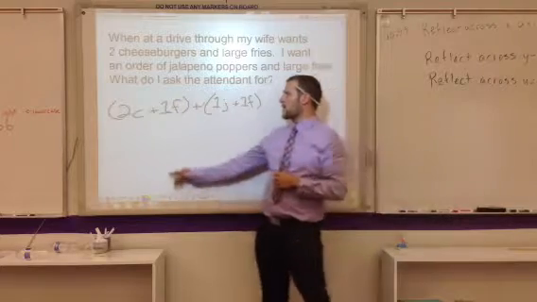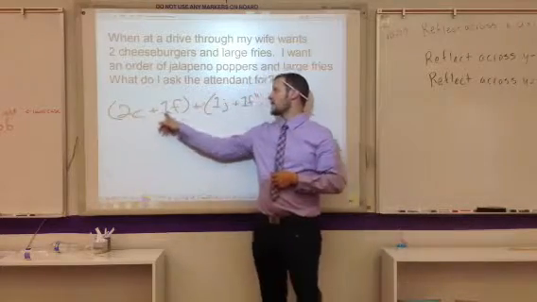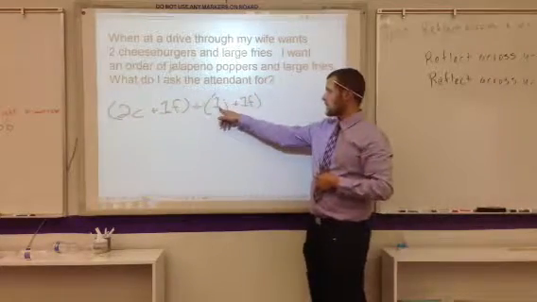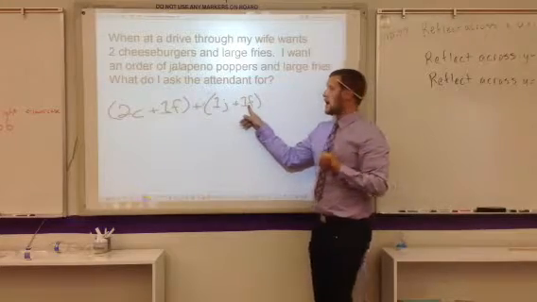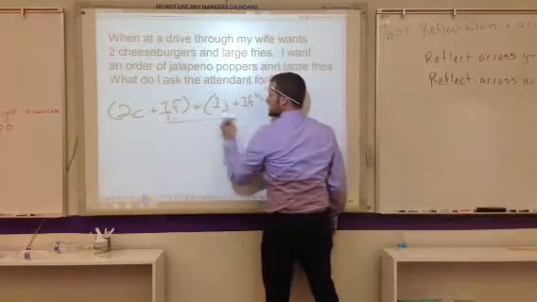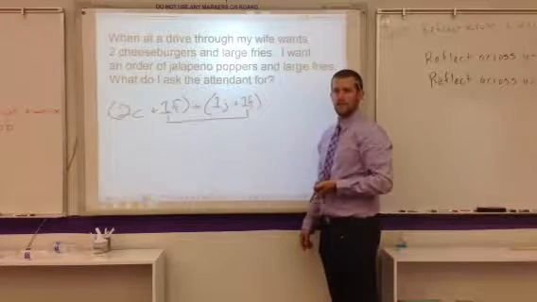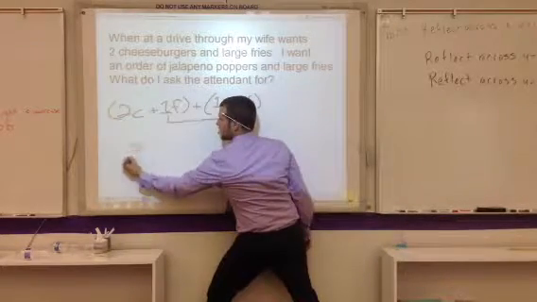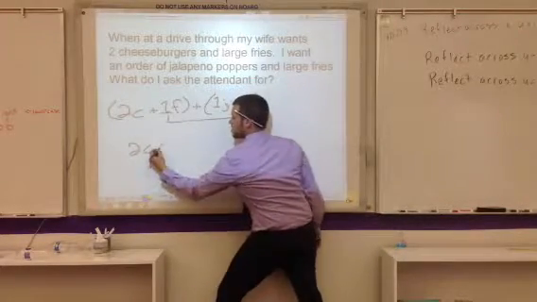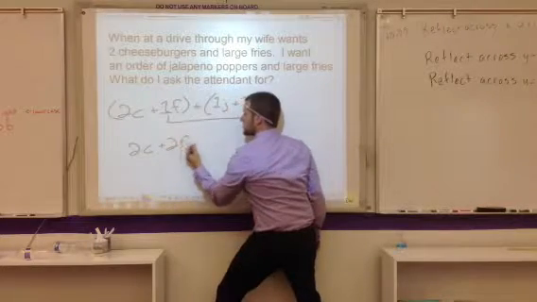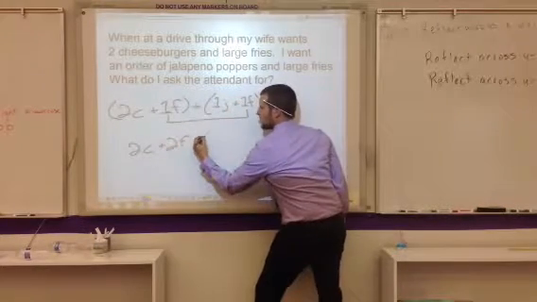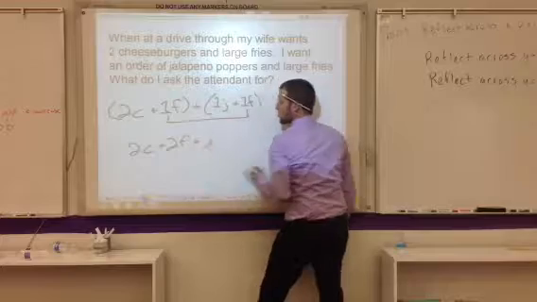But when I order, I don't have to tell her I want 2 cheeseburgers and a large fry, and a jalapeno poppers and a large fry. I could simply put these things together because they are the same and ask the attendant for 2 cheeseburgers, 2 large fries, and 1 jalapeno popper.